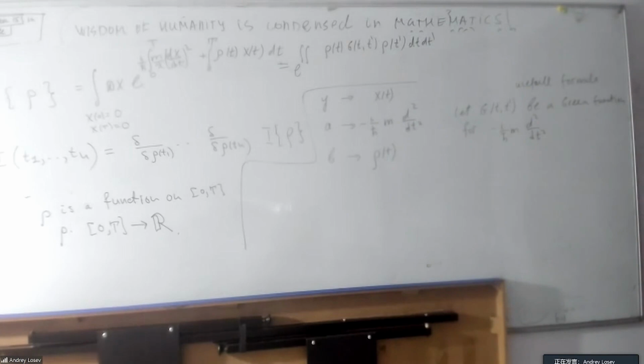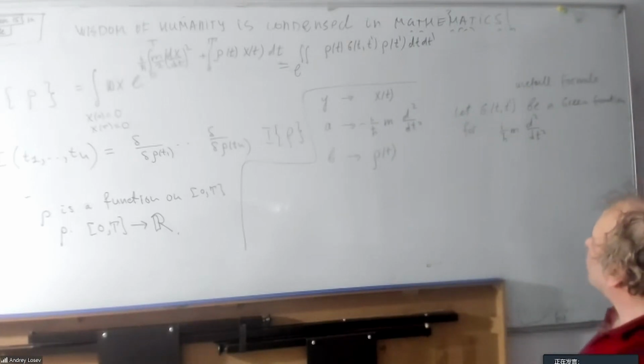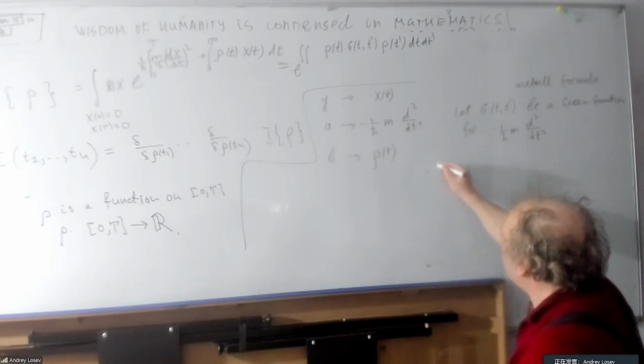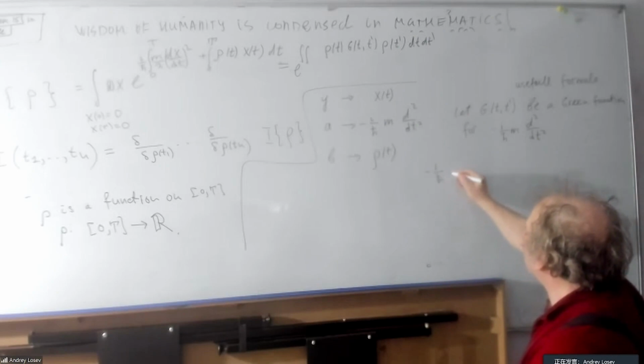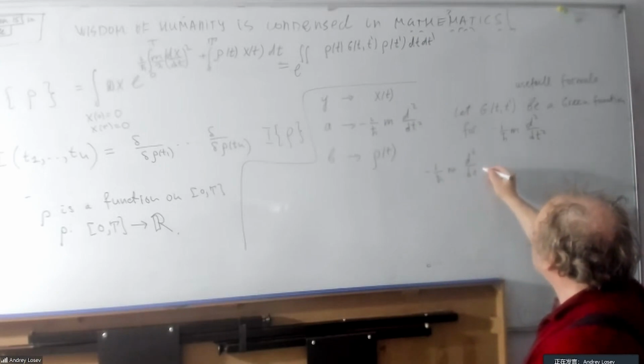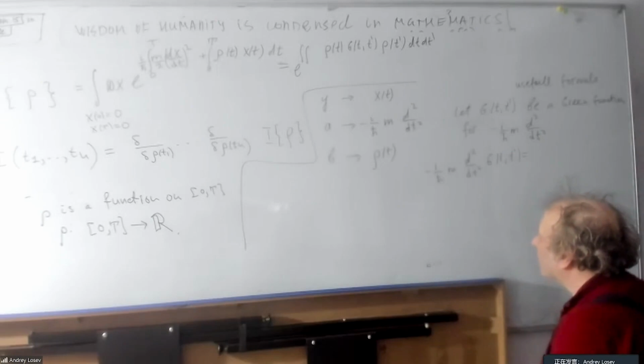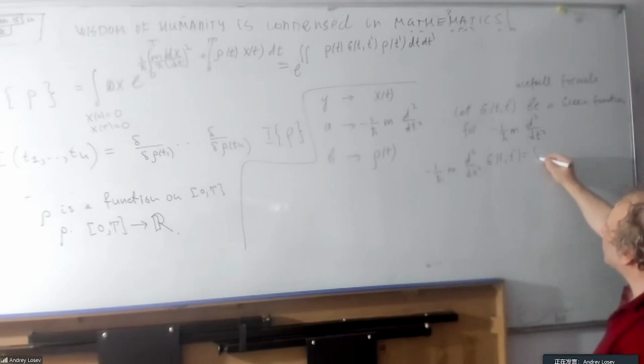So in order to compute it, we need to compute the Green's function. The definition of the Green's function is minus I over h, m d2 over dt squared on G of t t prime should be the delta function of t minus t prime.